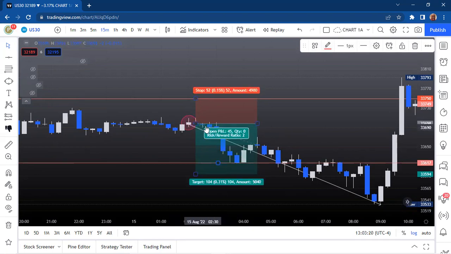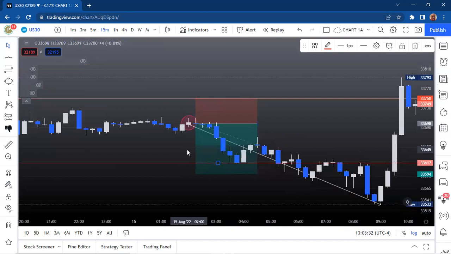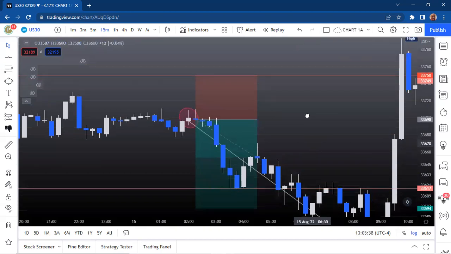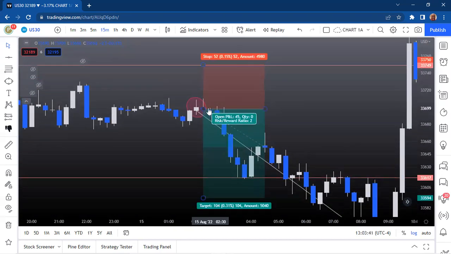You got in on the next candle, the candle afterwards, because you always want to wait for a retouch, right? So either you get in on the next candle or you wait for the next candle after that, right? And you got in. If you open this up, you'll notice that it kind of retouched, went back up and touched this line here, which you can call the resistance line.